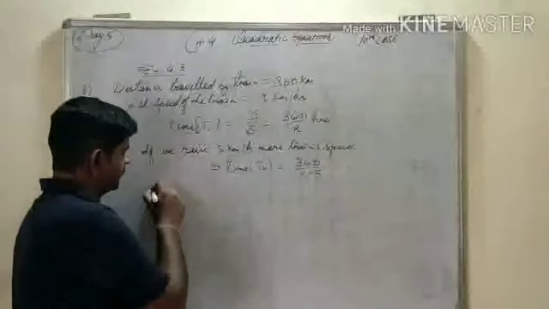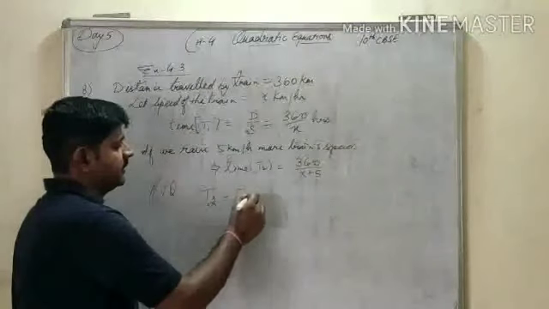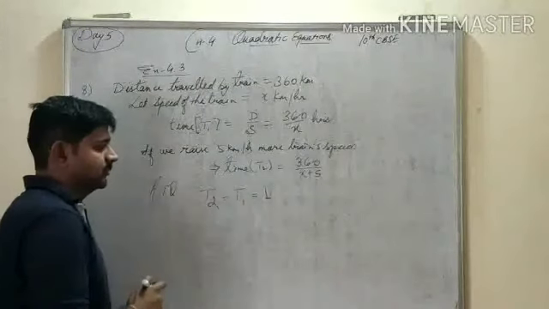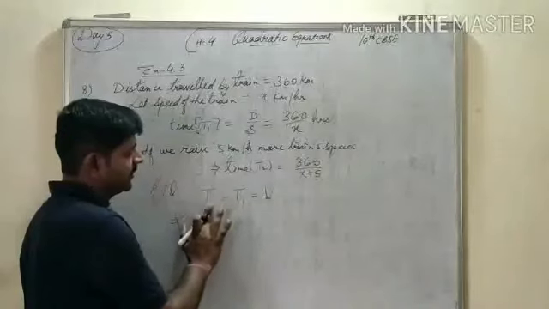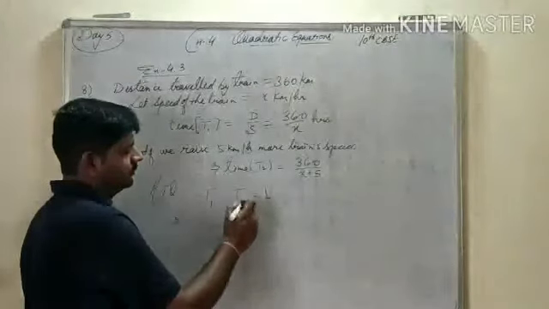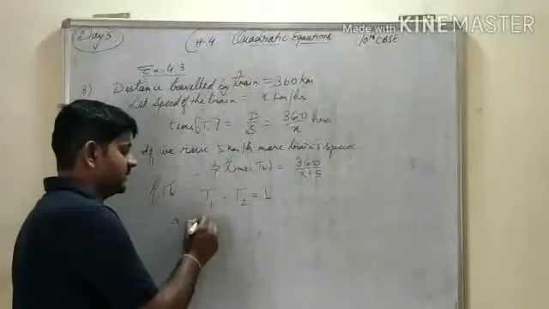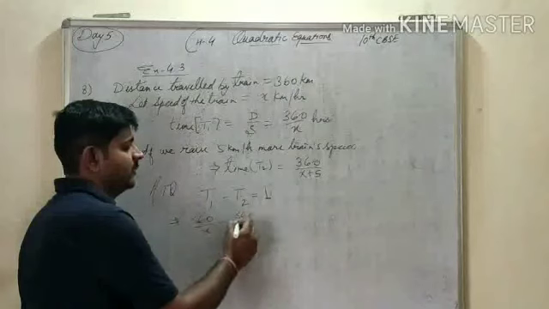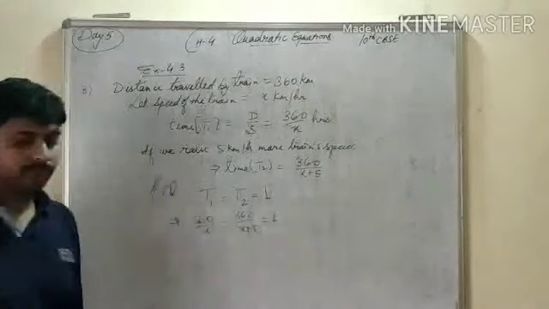So according to the question, T1 minus T2 is 1. So that was 360 upon x, and this is 360 upon x plus 5, equals 1.